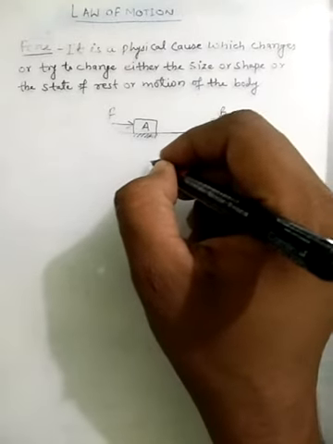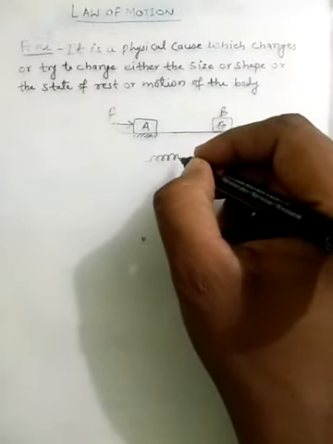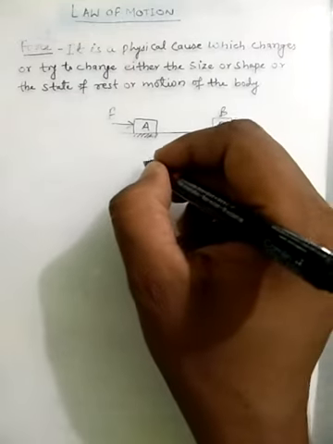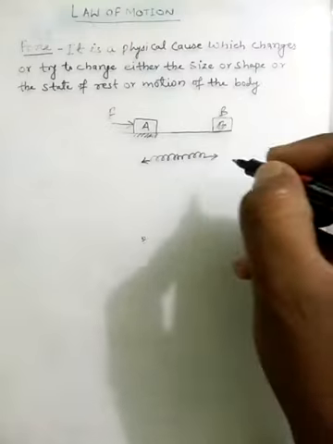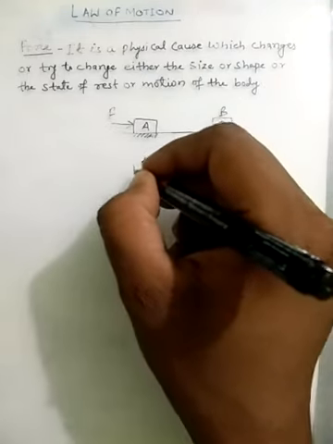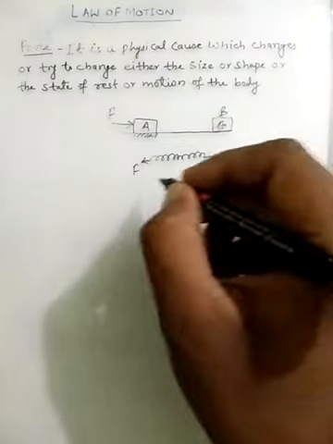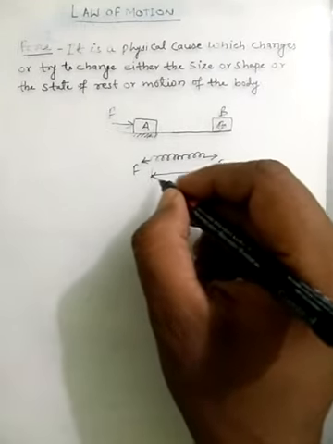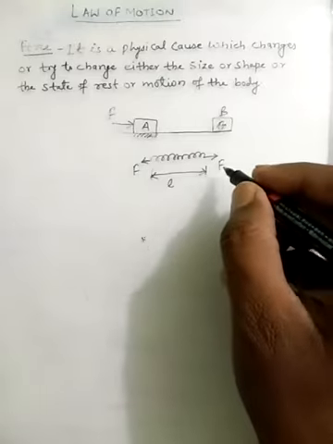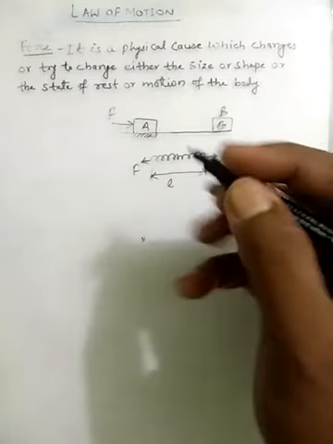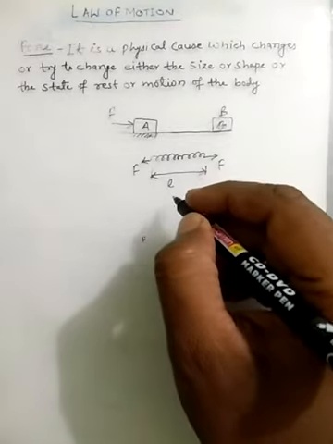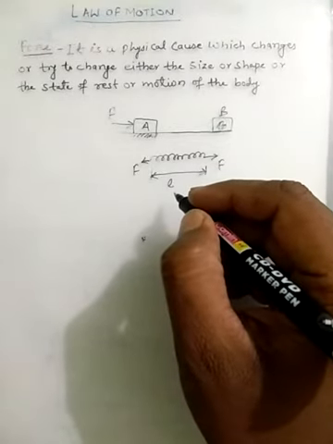And if you see the spring, this is a spring which may be stressed. This is the initial length L, and if force is applied in the outward direction on both ends, the length of the spring will increase.